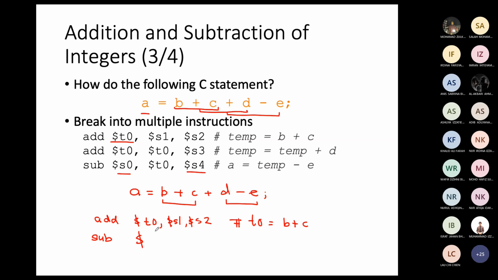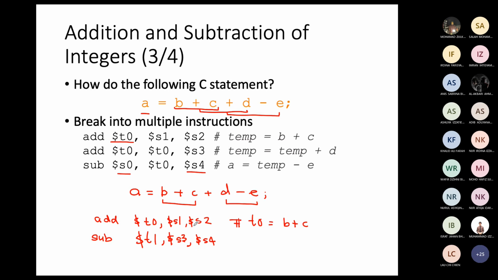You cannot use T0 anymore, because it is storing B plus C. If you use T0 again, it would override the previous value. It would erase the previous value, which would become an error in your calculation. So use another temporary variable, $T1, and then $S3, $S4. What happens if you miss the dollar sign here?